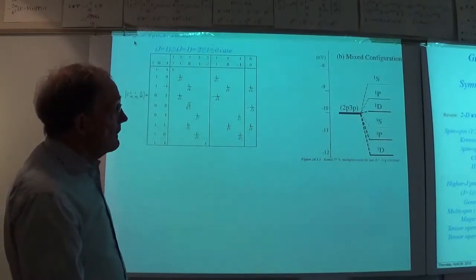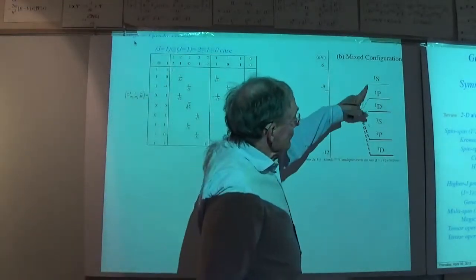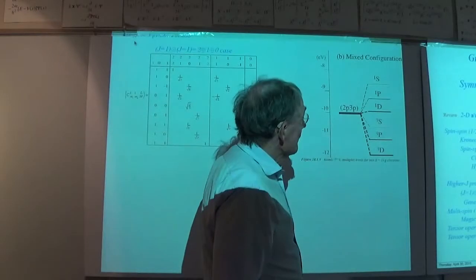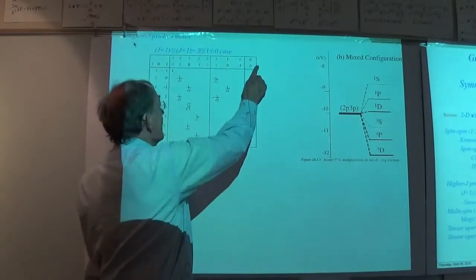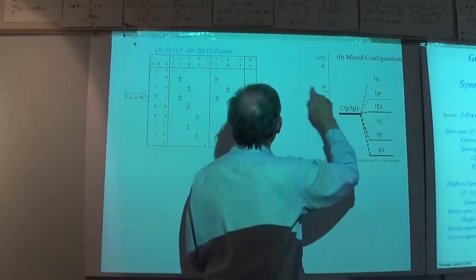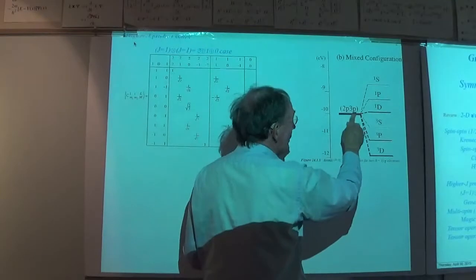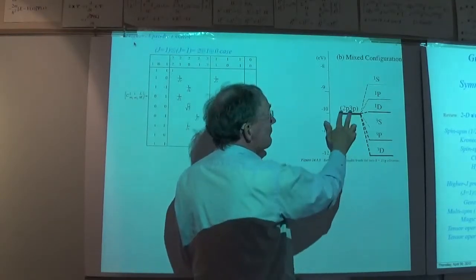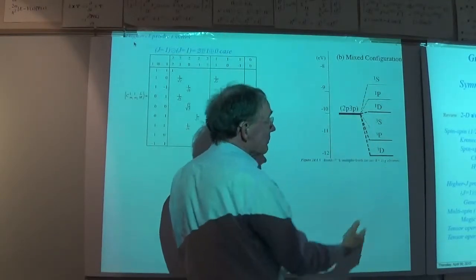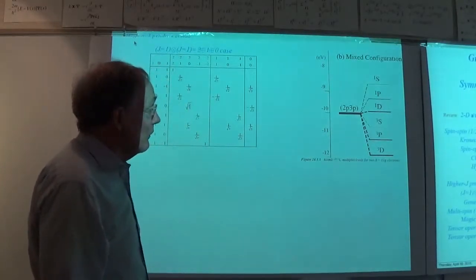Now, a mixed configuration has all possible spins and all possible orbits of S, P, and D. And I'm talking about uppercase S, P, and D. That's what these would be labeled. The lowercase p's, you see, are what's going into this thing. And if I have different radial quantum numbers, you're going to get all of those states in some form or other.